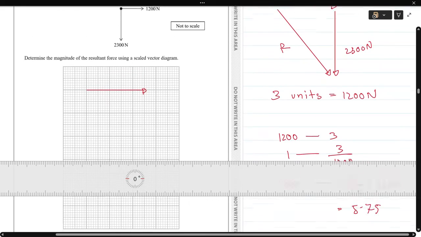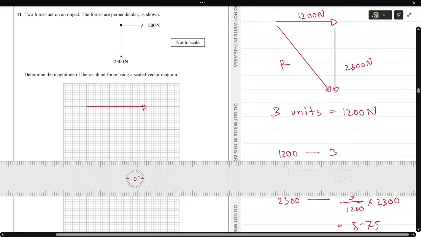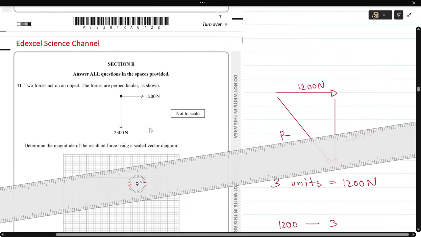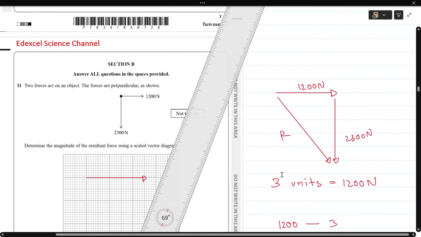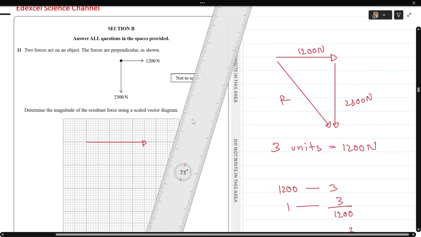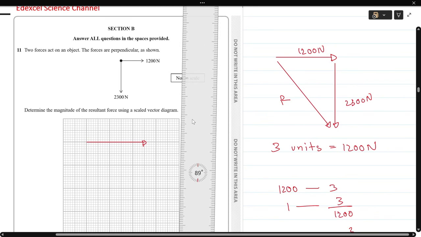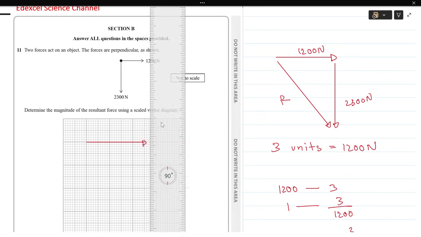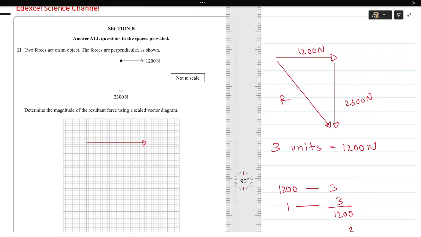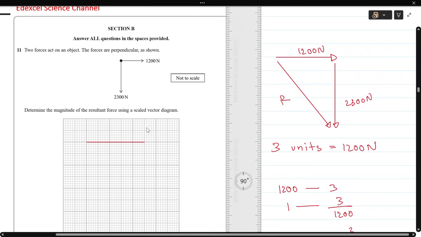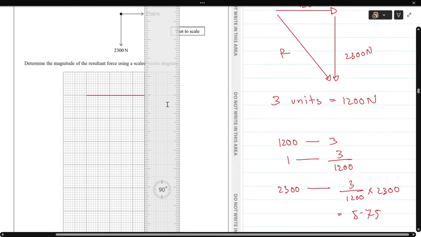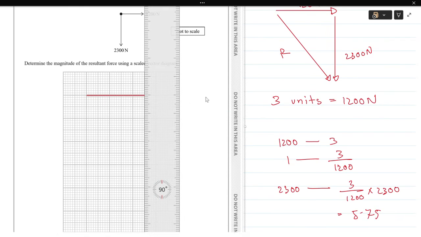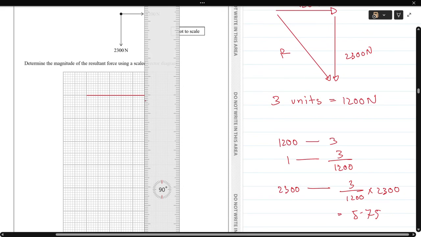Now I am going to make my ruler vertical, at 90 degrees, and I'm going to put it over here. Actually, let me remove the arrow to make it accurate. Now over here I'm going to draw 5.75 units.